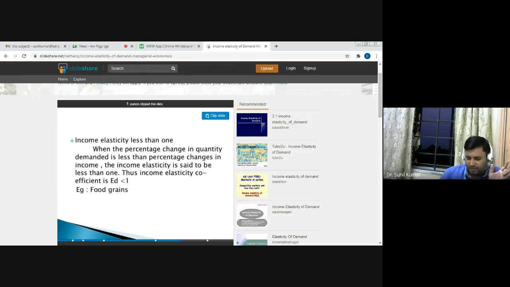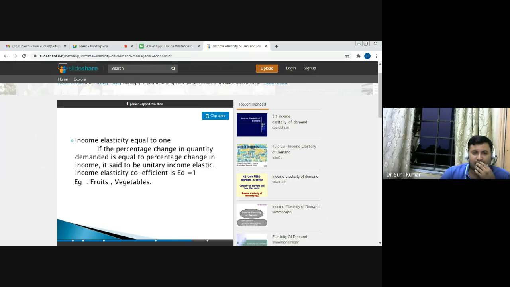So less than 1 is finished. Now there is income elasticity equal to 1. So write down income elasticity, or we can say unitary income elastic. Fruit, vegetables, clothes, whatever may be, it will be included. All the necessity things will be included here.